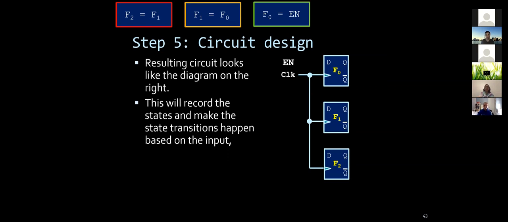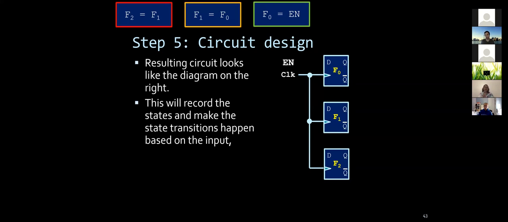So the resulting circuit is going to look like what I show in this diagram, but I didn't connect things properly yet. Remember, I said at the end we need to properly connect the inputs and outputs of each flip-flop. And then we also need to generate the final output, which would be just a combinatorial circuit out of these flip-flops.